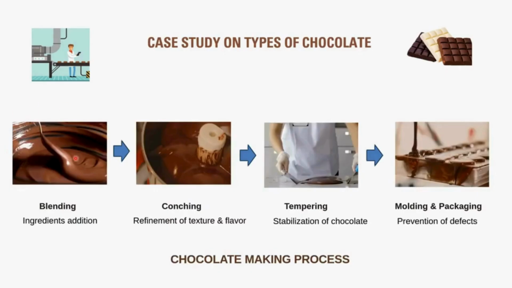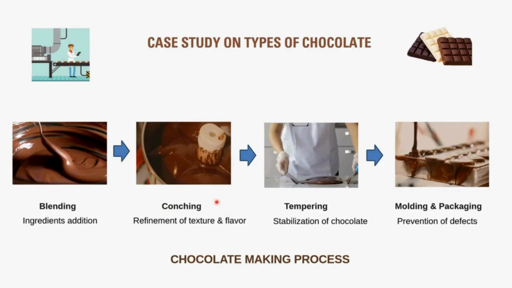Then comes the blending stage where all ingredients like your cocoa liquor, then cocoa butter, sugar, and milk are mixed together. The blend is mixed thoroughly with the help of a grinder, which aids in further reduction of particle size. This process of refinement of texture and flavor is called conching.